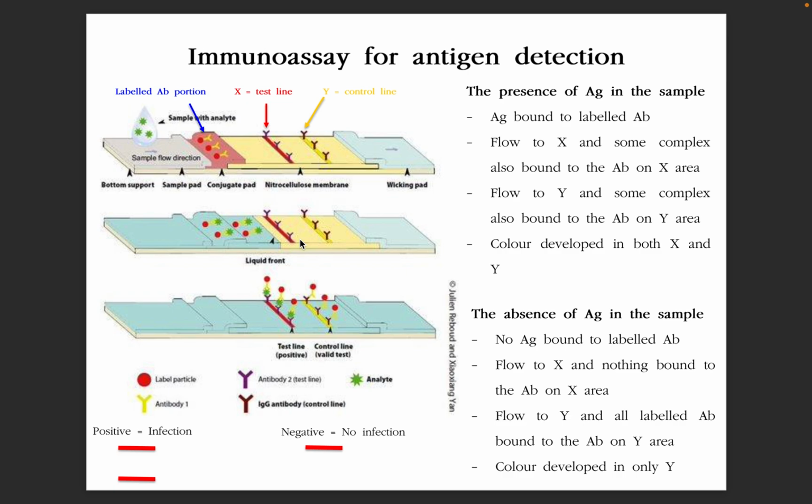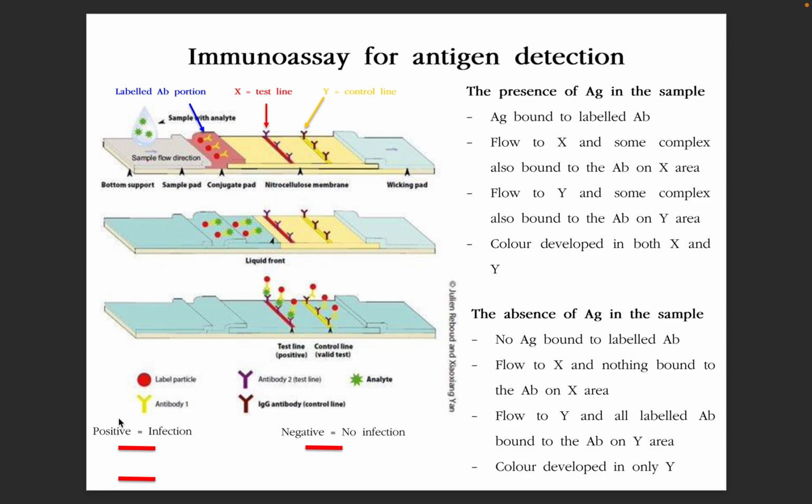So the color is not developed in this line. The flow continues, taking the free labeled antibodies to the control line, and the free labeled antibody is captured by the immobilized antibody recognizing the labeled antibodies, so the color is only developed in this line.